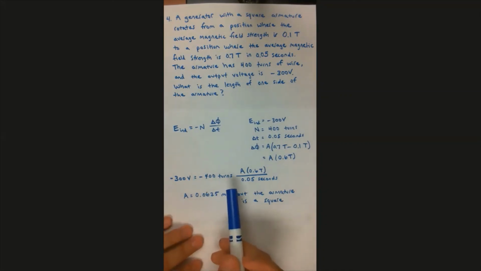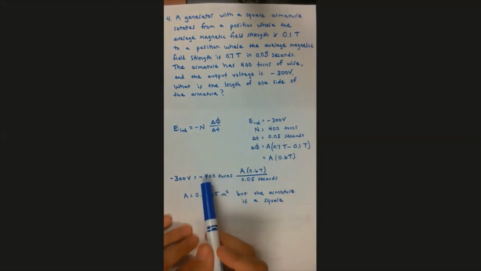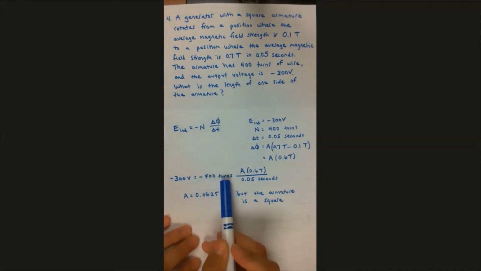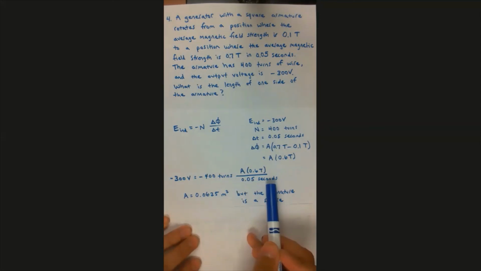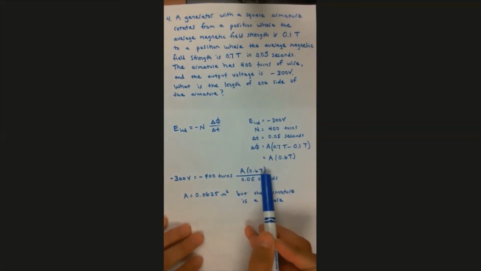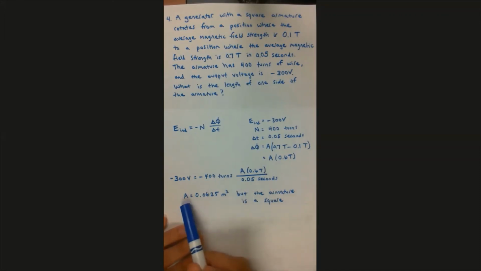The way we would do that is we would divide both sides by negative 400 turns, multiply both sides by 0.05 seconds, and divide both sides by 0.6 Tesla. If you plug all that into your calculator, you get the area equals 0.0625, and the units are meters squared.